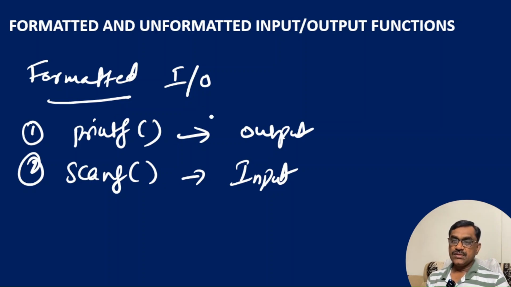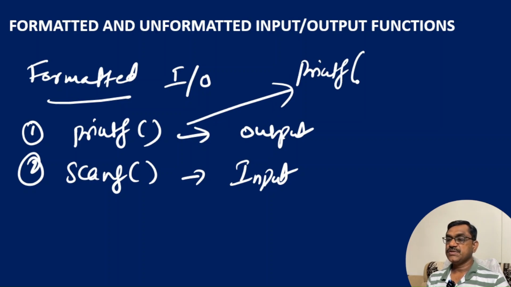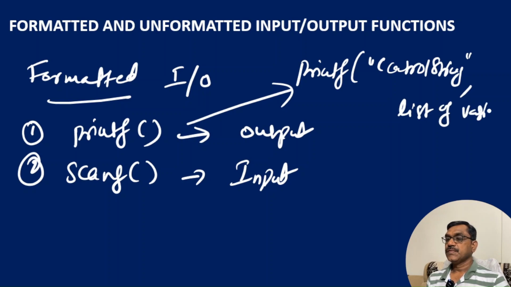Already we have seen the syntax of the printf statement. It looks like this: printf, and we write the control string here, formatted string or control string, comma, list of variables. So this is the syntax.